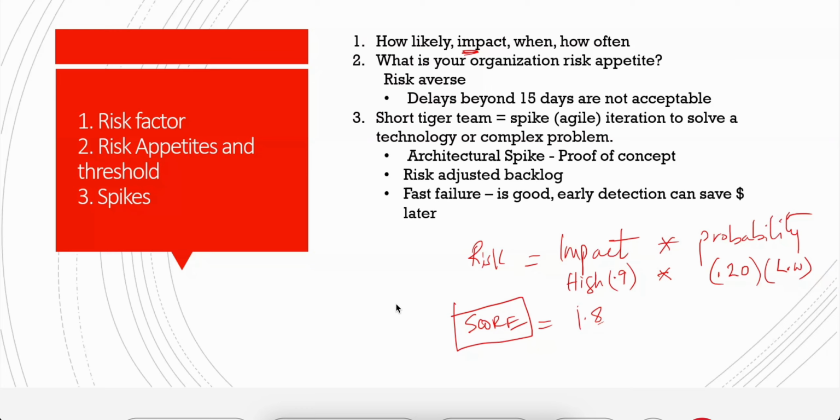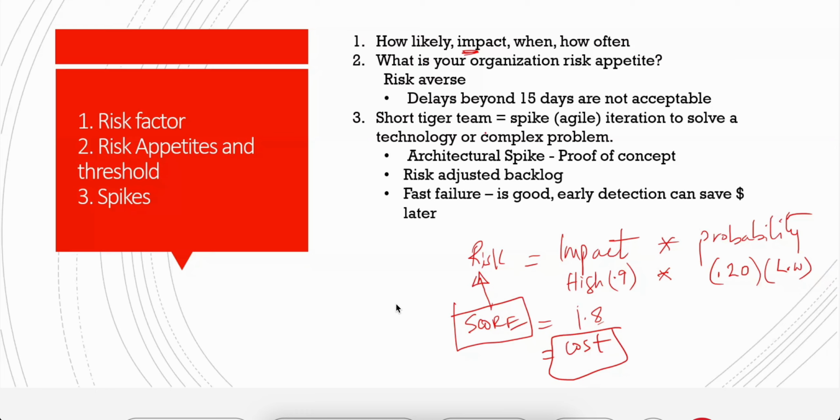So keep that in mind. Scoring is going to help you identify the impact and also the cost of the impact. The thing to remember here is that score is equal to impact times probability, and the score really defines the risk quantitatively, not qualitatively.